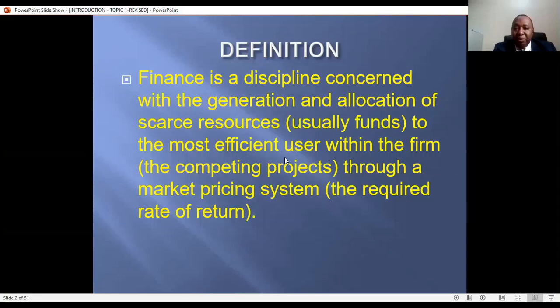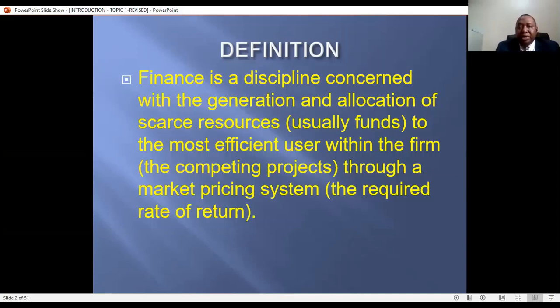The users are the competing projects. And the market pricing system, the required return, is also important. So I'll look at each one of those and what they mean, as an elaboration of the definition of finance.